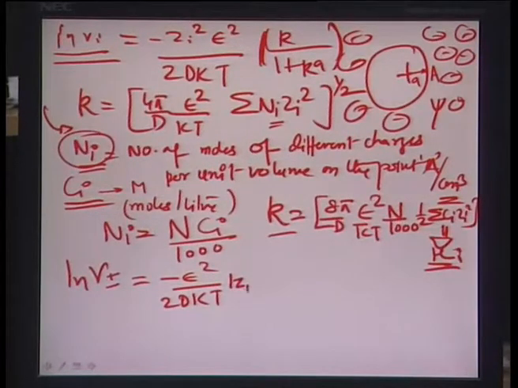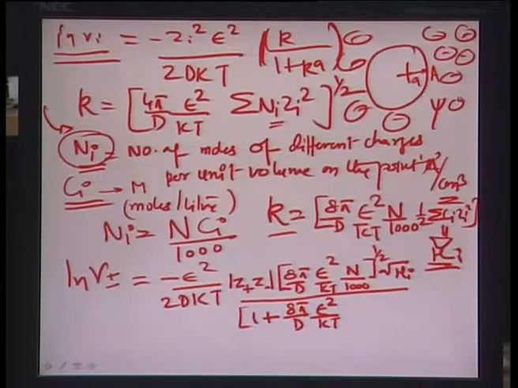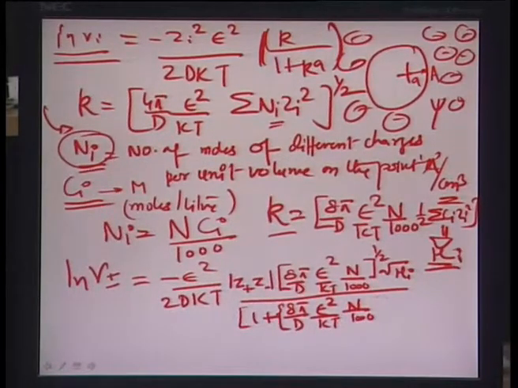So, this is z plus z minus modulus times k, which is 8 pi by d epsilon square by kT, N by 1000, whole half, of course, times root of mu I divided by 1 plus the value of k again being 8 pi by d epsilon square by kT, N by 1000, whole half, second bracket, sorry, times root mu I times a, where a is the ion size parameter.